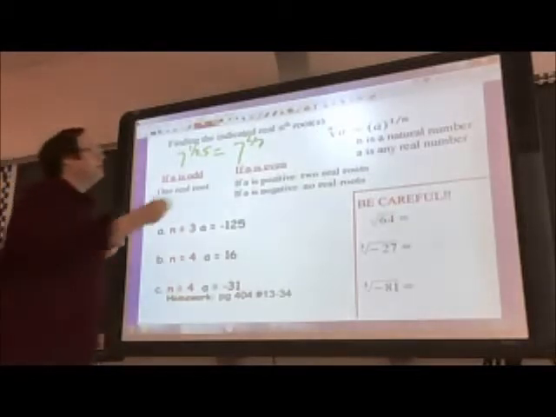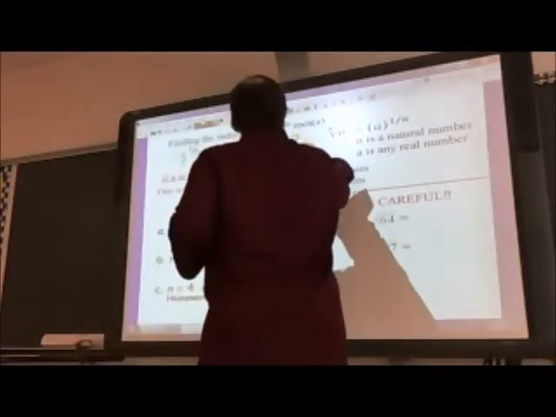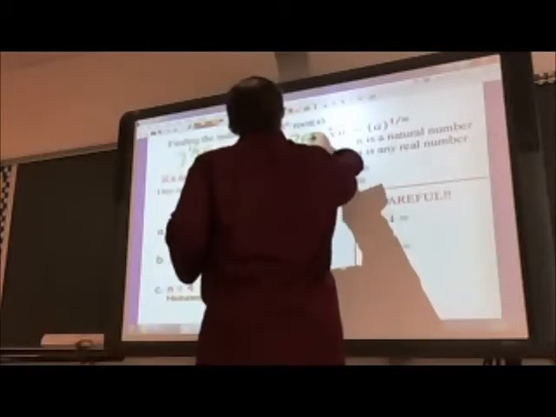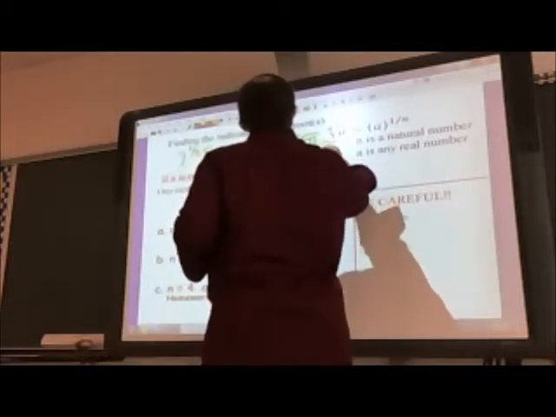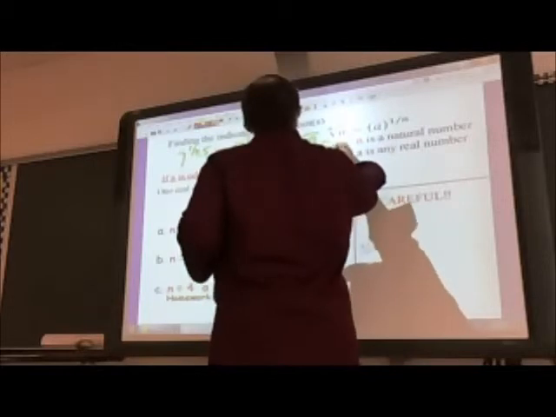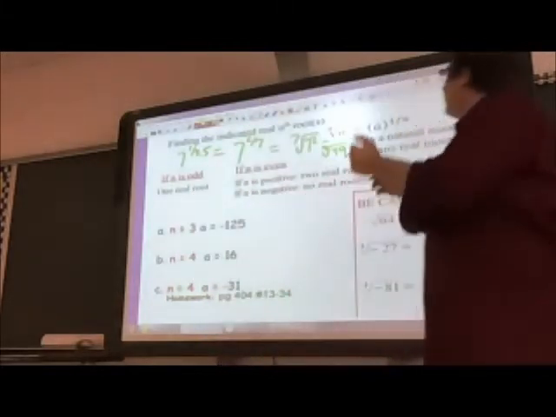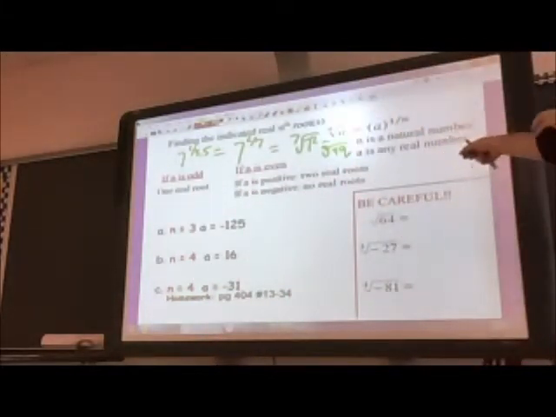And then what you'll get is the 7th root of 7 squared, which is the 7th root of 49. So if you have some sort of decimal or fraction in your denominator, make it into a natural number. Probably won't see a lot of that, but important to know.